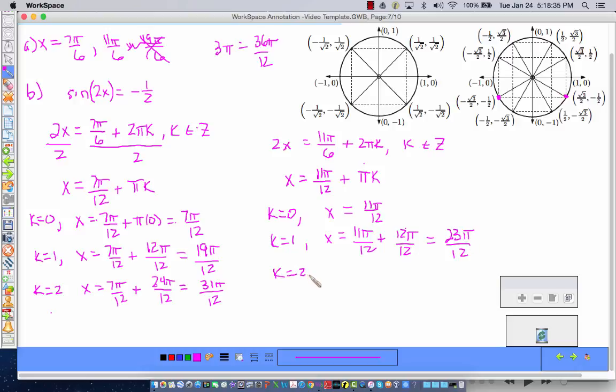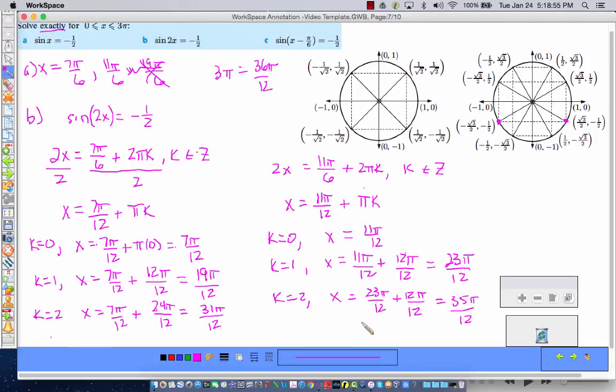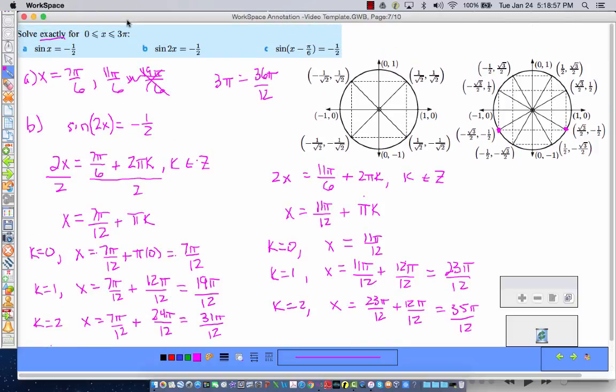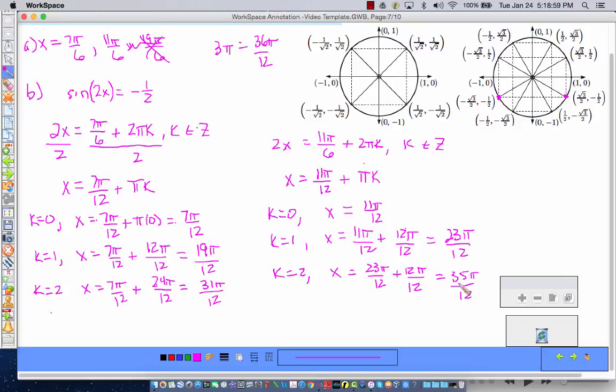So when k equals 2, x is simply going to equal 23 pi over 12 plus 12 pi over 12. And I'll write that down, even though we should be able to do that in our head, which is 35 pi over 12. Okay, and remember, 36 pi over 12 is our upper bound because that's equal to 3 pi. No way I can add another 12 pi over 12 and get it.